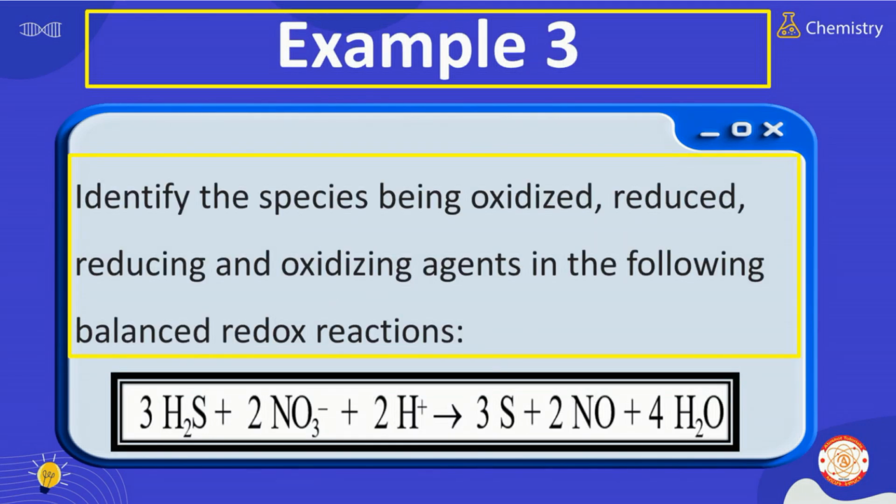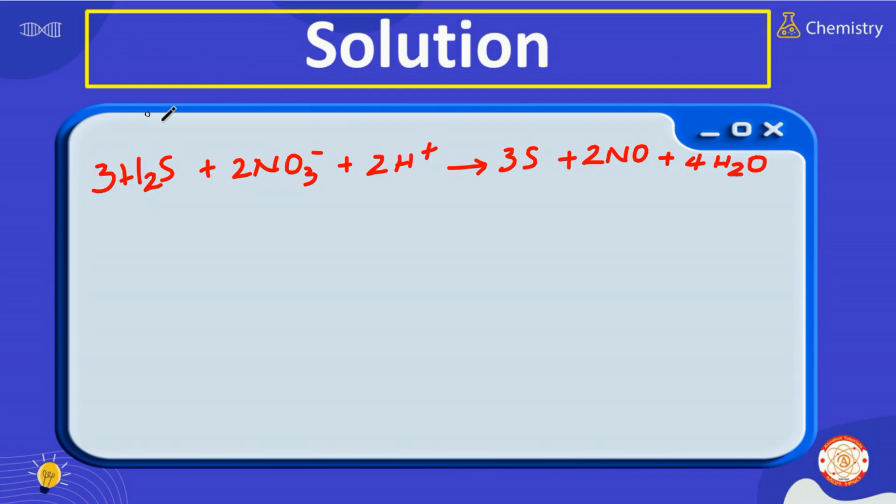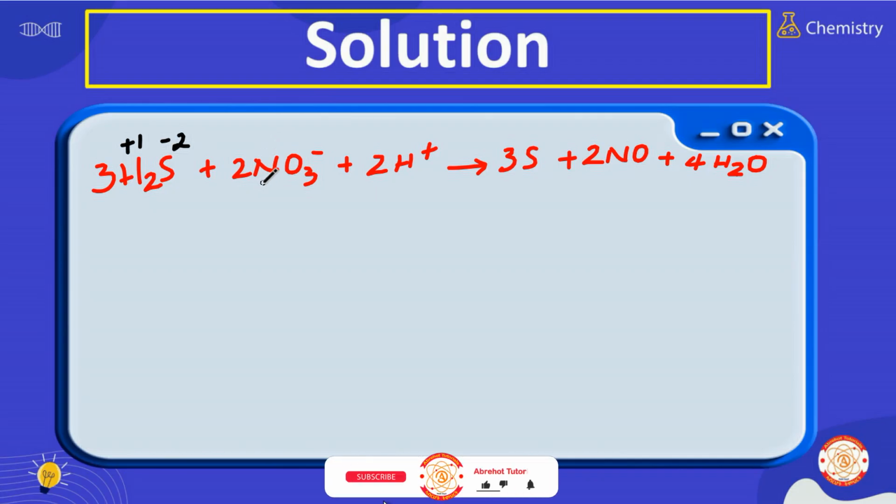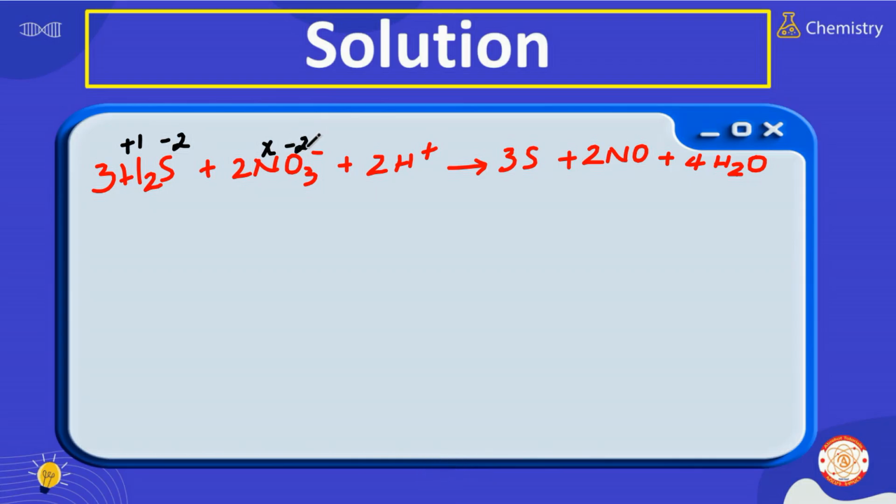Let's try this example. Remember to assign an oxidation state for each atom. So the oxidation state of sulfur is -2, and that of hydrogen is +1. What will be the oxidation state of nitrogen? Let's assign this X, and the oxidation state of oxygen is -2.